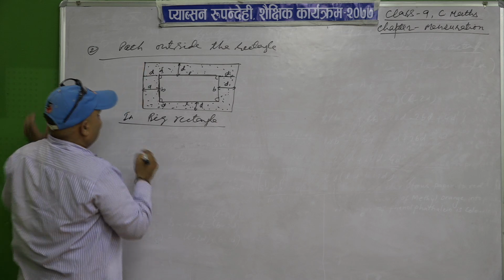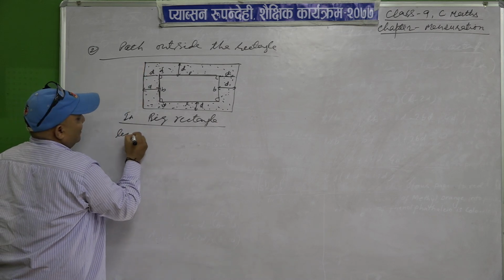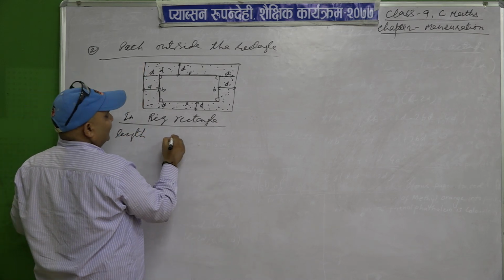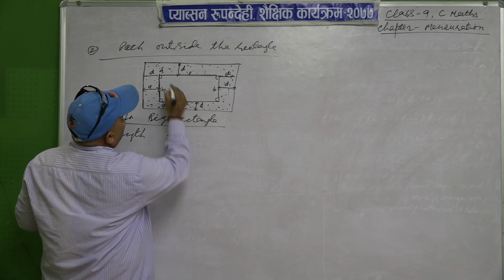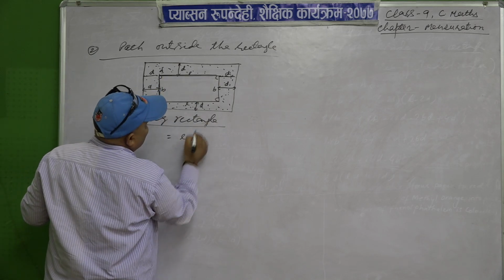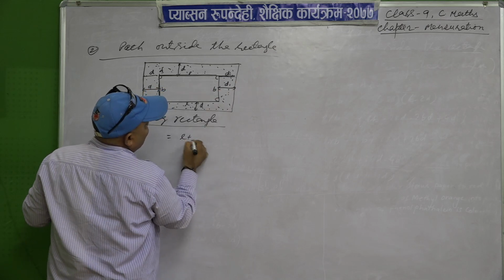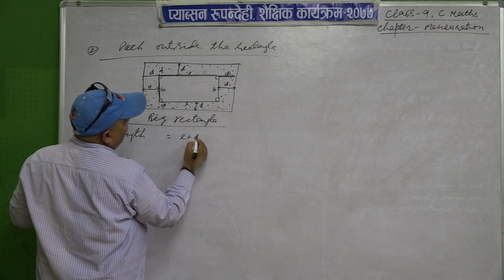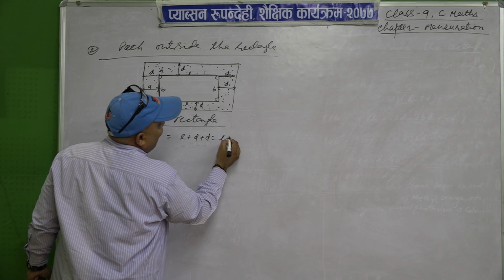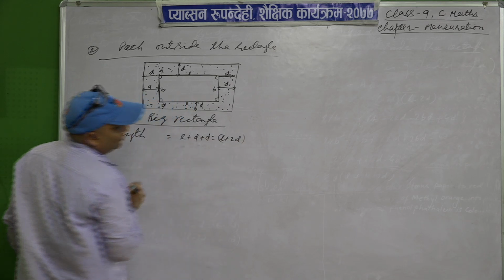So for the length of the big rectangle, this part is L, this part is D, and this part is also D, so it will be L plus 2D.